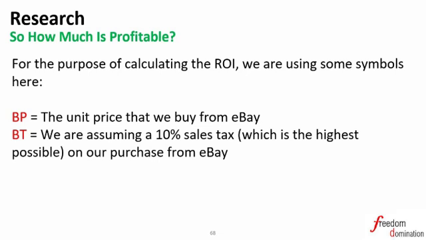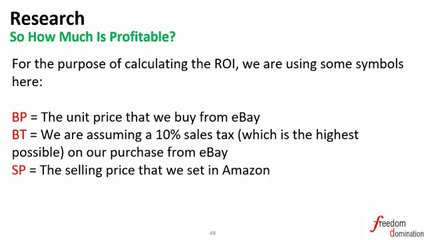BT, we are assuming a 10% sales tax, which is the highest possible on our purchase from eBay. BT stands for buyer tax. SP, the selling price that we set in Amazon, which stands for selling price.